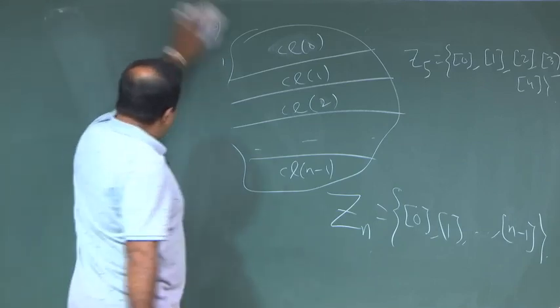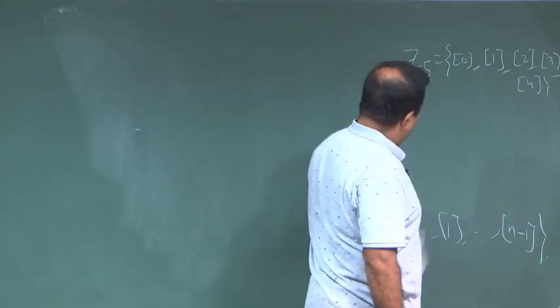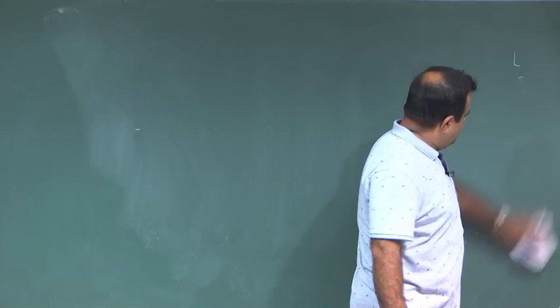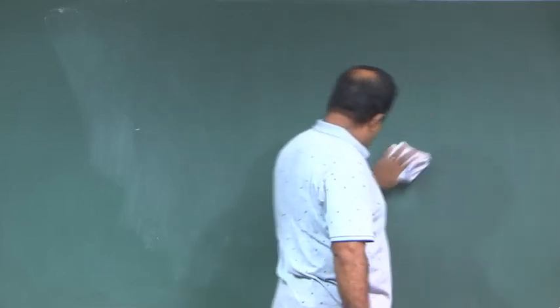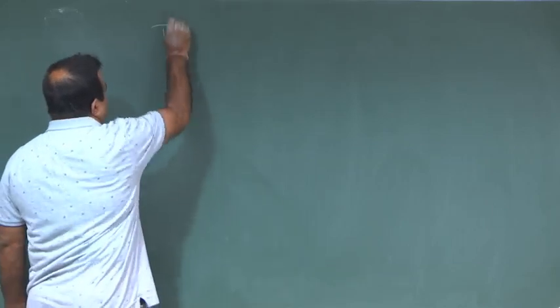This is an example of equivalence classes. This is how we define Zn, integers modulo n. Now, the theorem has another part.